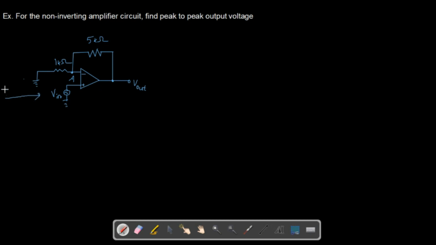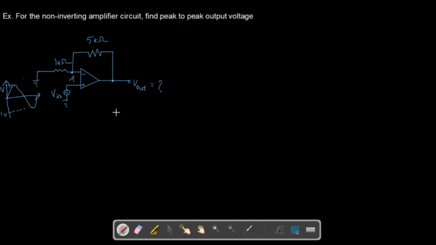Someone might give you a diagram instead of giving you a value, and this is the input voltage that is being provided. This is minus 1 volt, and this is plus 1 volt. So this is the input voltage. You have to find out what is the output voltage for the non-inverting amplifier.